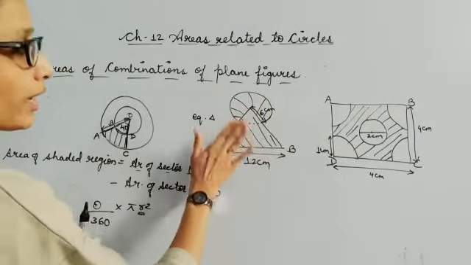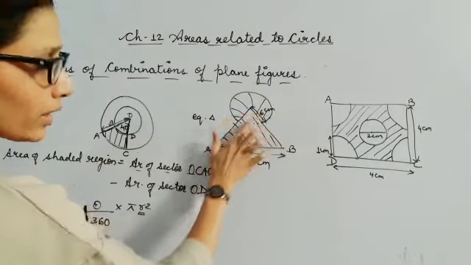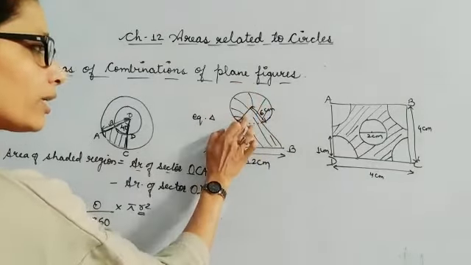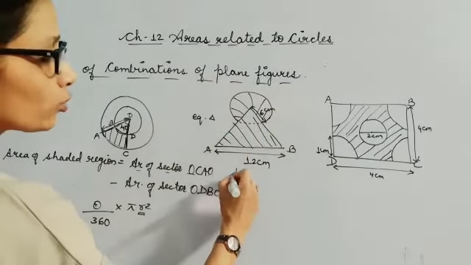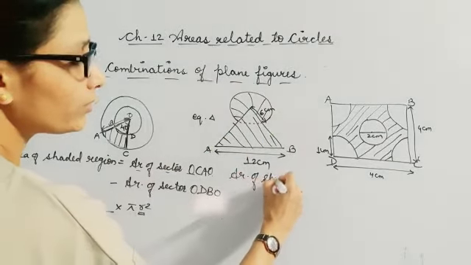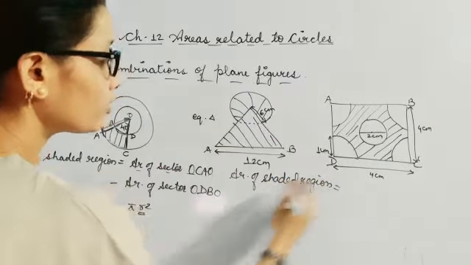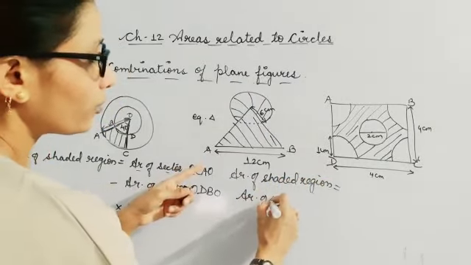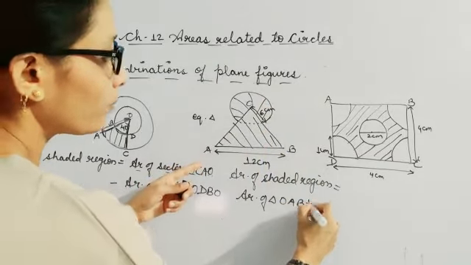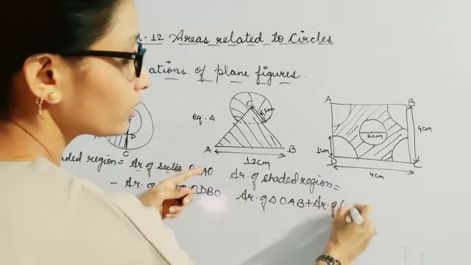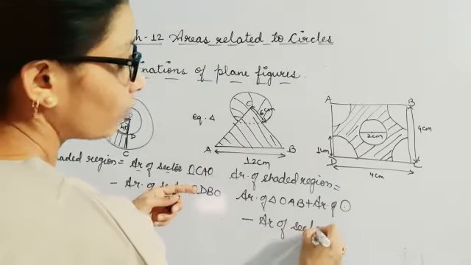That means you will be calculating area of triangle plus area of circle, but this area has come twice, that's why I will subtract it once. So the area of the shaded region will be equal to area of triangle, let's say this is OAB, plus area of circle minus area of sector. Why is it a sector?